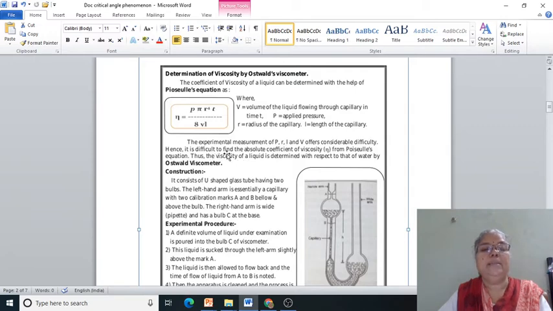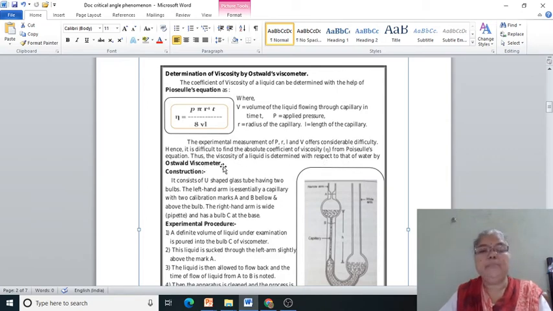Hence, it is difficult to find the absolute coefficient of viscosity eta from Poiseuille's equation. Thus, the viscosity of a liquid is determined with respect to that of water by Ostwald's viscometer.